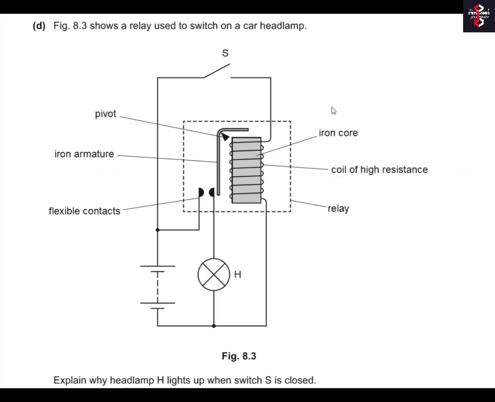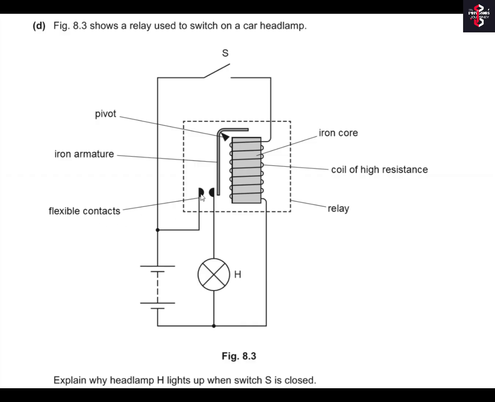Figure 8.3 shows a relay used to switch on a car headlamp. This is the whole diagram. This is the switch. This is the iron core and a coil. This whole system is called a relay. It is a pivot. This one is the shorter arm and this one is the longer arm.